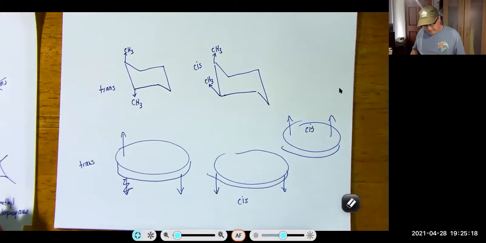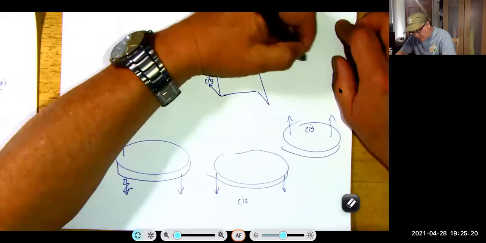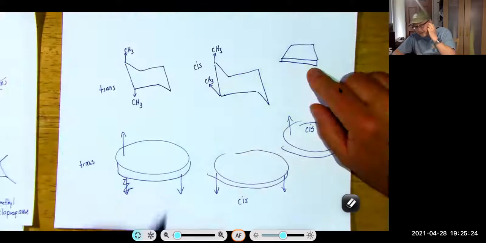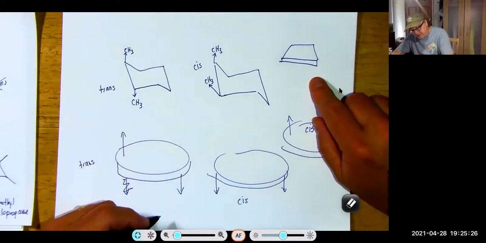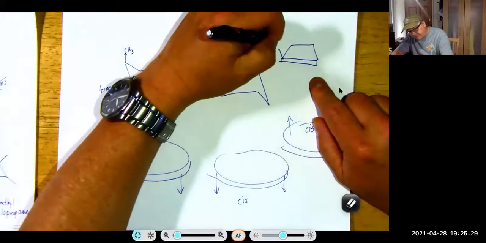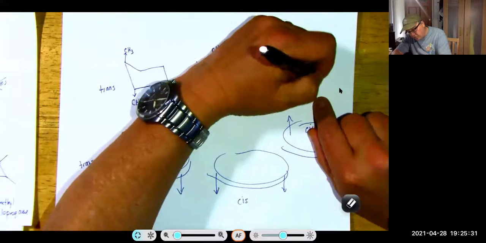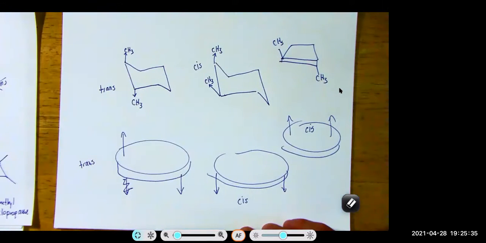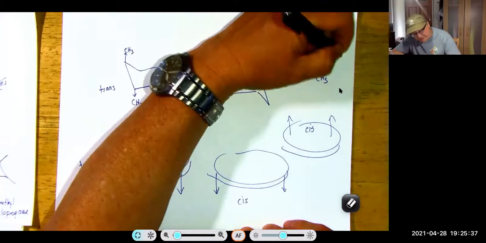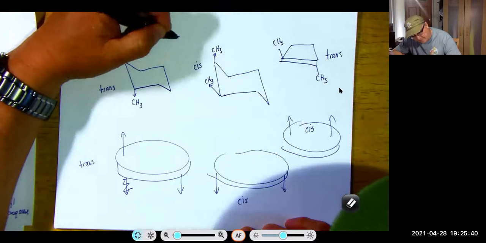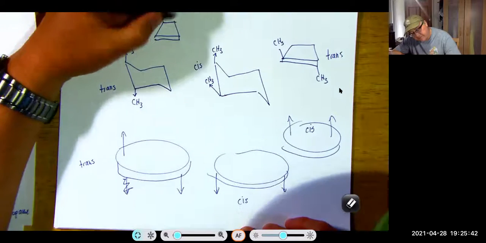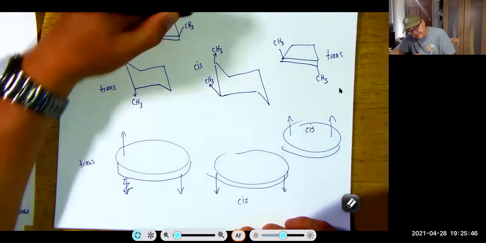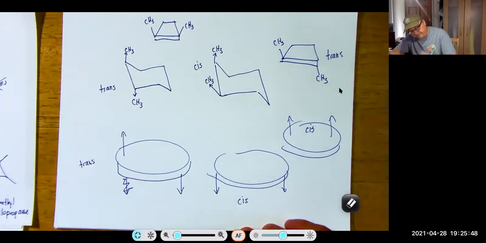Okay? So if you look at a square on edge like this, so this is a cyclobutane. If you have this, what do you have? Cis or trans? Trans. And if you have this, what do you have? Cis.